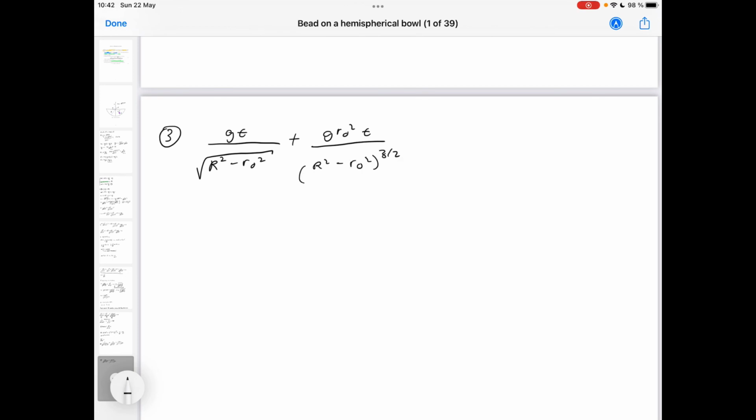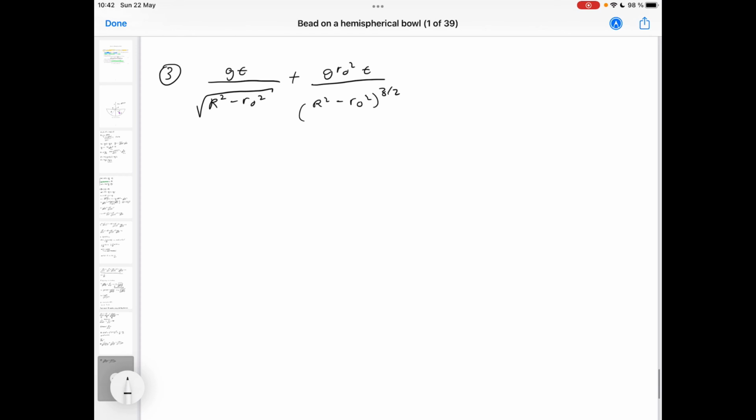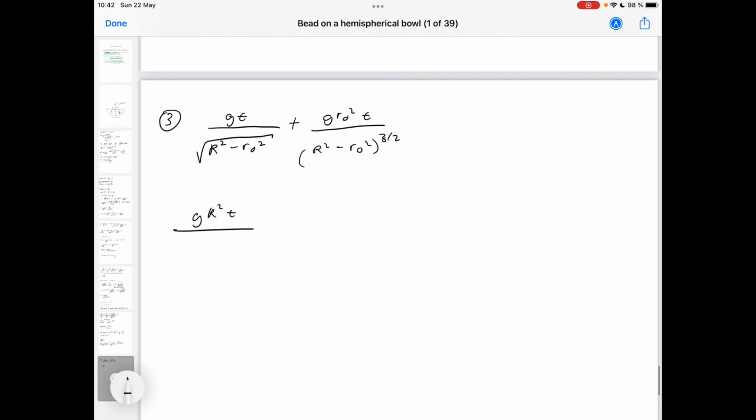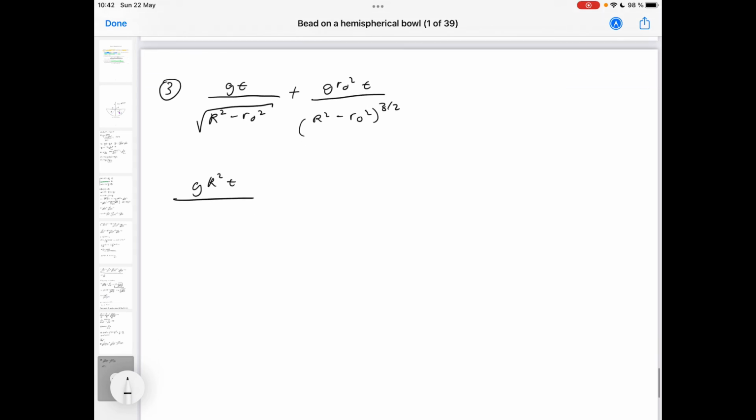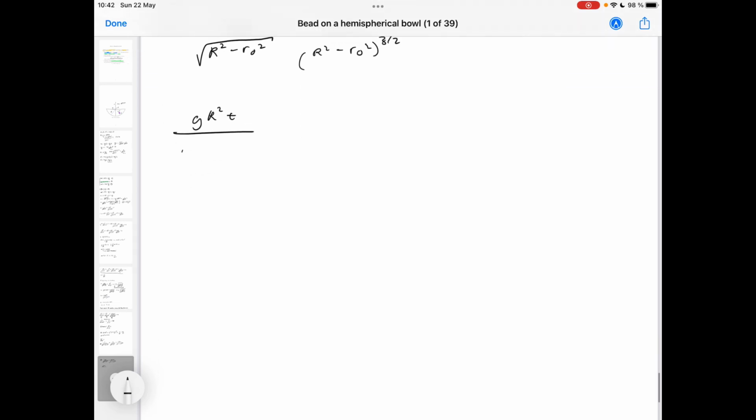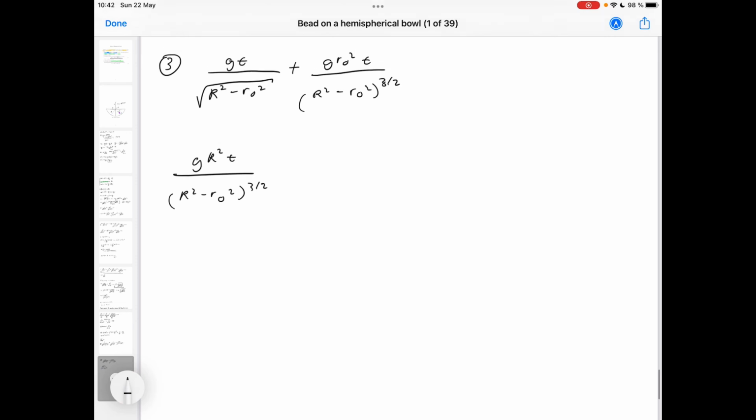And so we can multiply this by R squared minus R naught squared to the 1. So we just get that g R squared epsilon, because the R naught squareds will cancel, over (R squared minus R naught squared) to the 3 halves is the linearized term.